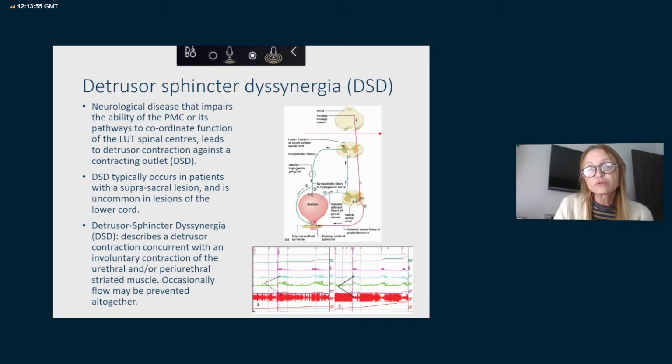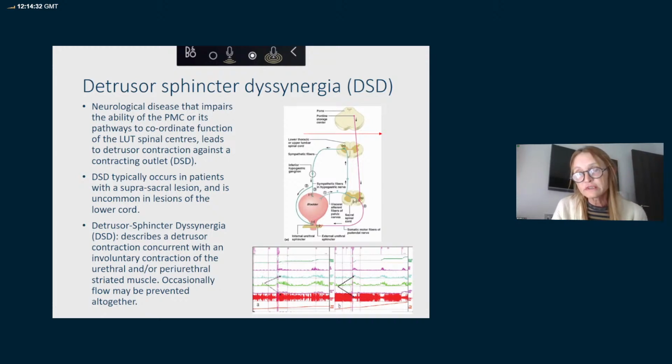In case of a neurological disease that impairs the ability of the pontine micturition center or its pathway to coordinate function of the lower urinary tract spinal center, it will lead to detrusor contraction against a contracting outlet, and this is called detrusor sphincter dyssynergia. It usually occurs in patients with suprasacral lesion and is uncommon in lesion of the lower cord.